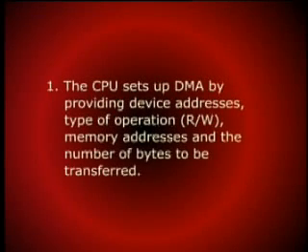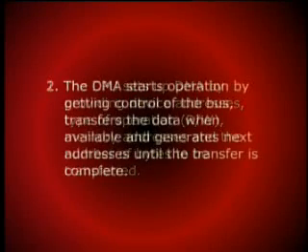Firstly, the CPU sets up the DMA controller by supplying the identity or address of the device, the operation to be done, which means whether it is a read or write operation, the corresponding memory address, that is the source or destination of data, and the number of bytes to be transferred.